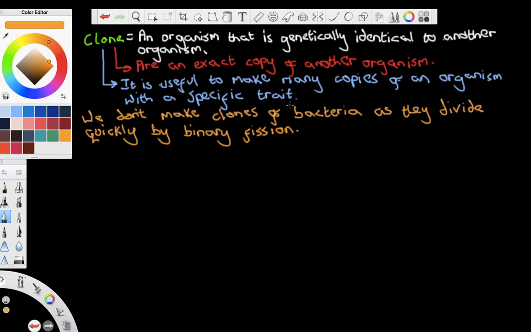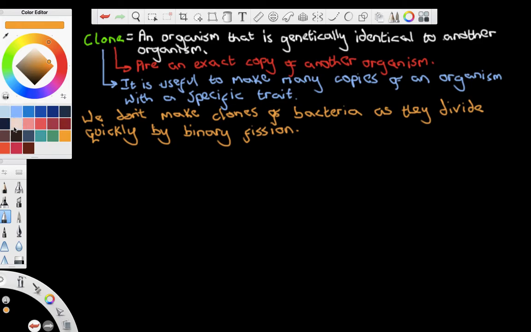Now, one time that we might use cloning is when we've got an organism that's been genetically modified. We might genetically modify a plant cell, for example, and we might want lots of copies of it. So this is when we would use what are known as tissue cultures.